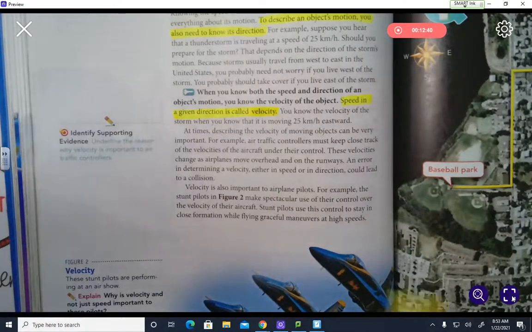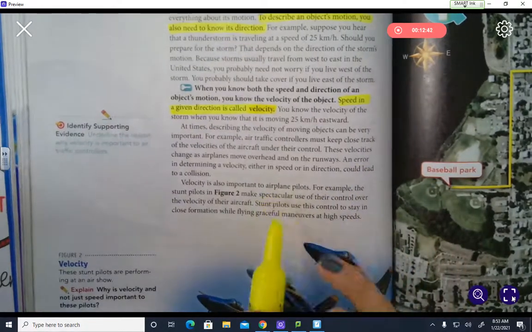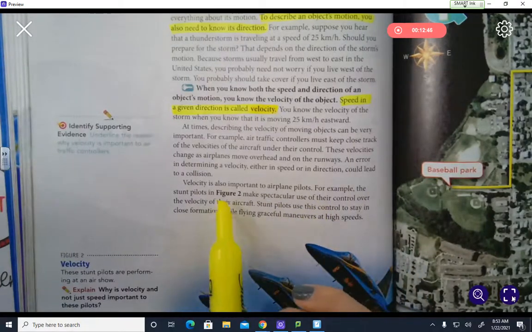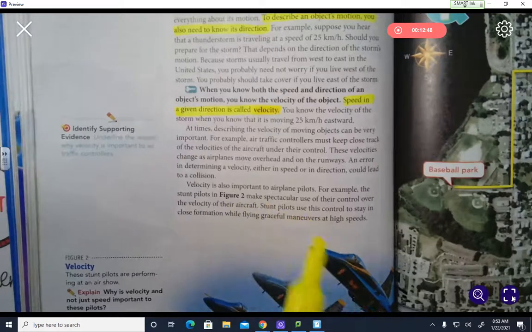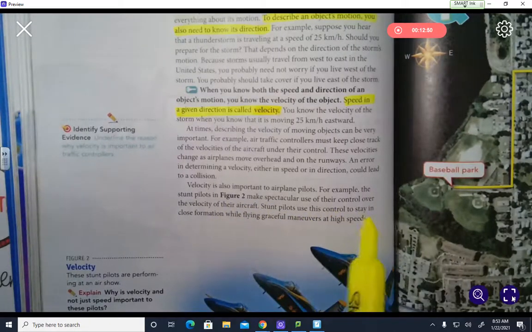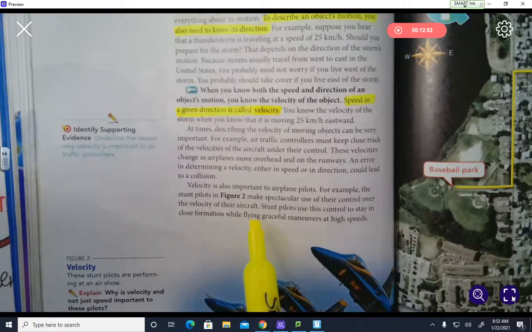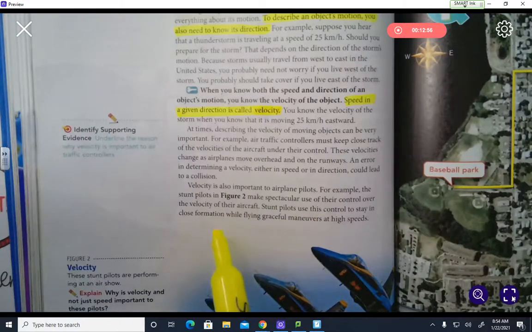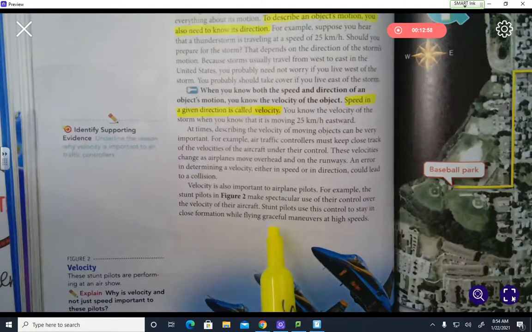Velocity is also important to airplane pilots. For example, the stunt pilots in Figure 2 make spectacular use of their control over the velocity of their aircraft. Stunt pilots use this control to stay in close formation while flying graceful maneuvers at high speeds.